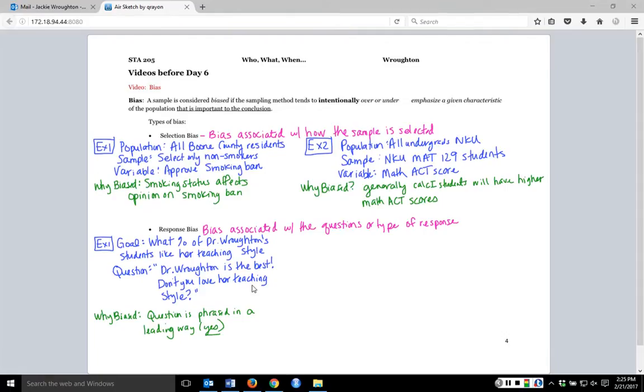Let me give you another example. And again, I'm going to start with what my goal is. So maybe I want to figure out what is the mean salary of NKU students 1 year after graduation.